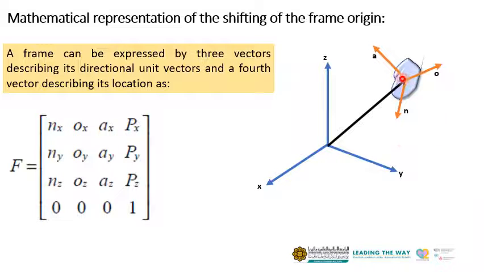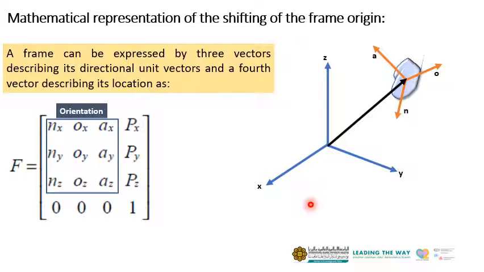This vector represents a direction, O will represent another direction, A will represent another direction. So overall, it will represent the orientation. And finally, Px, Py, Pz will represent the position of this new origin.